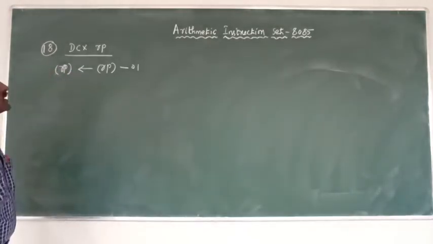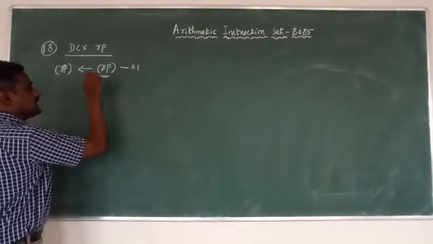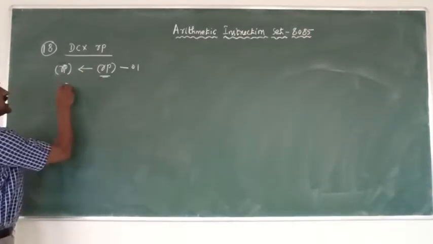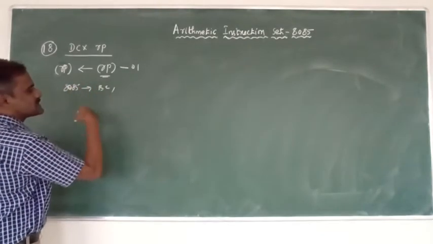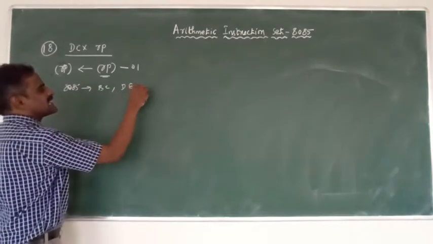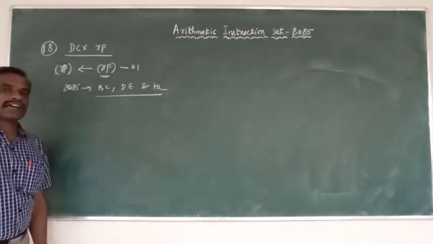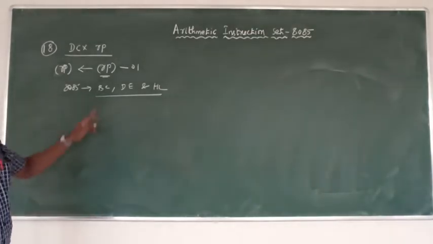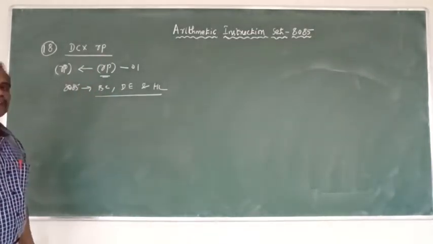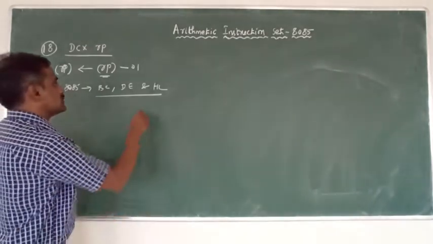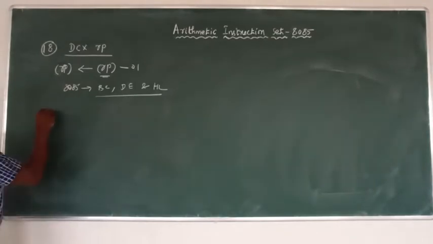What are the register pairs in 8085? The BC register pair, DE register pair and HL register pair. To decrement the given register pair content, we can use this type of instruction.